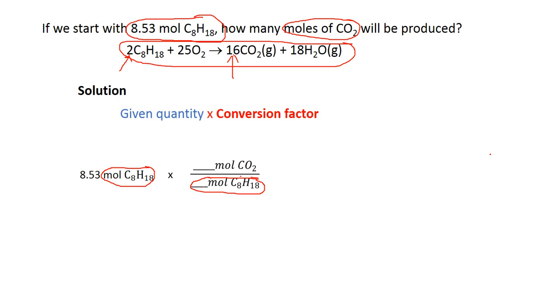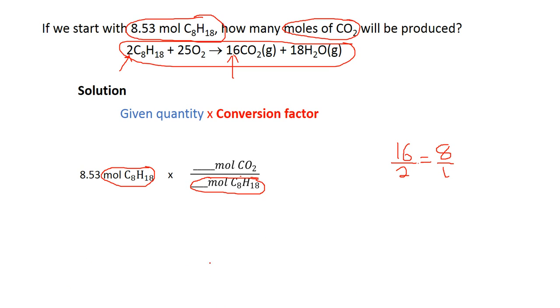So in terms of our conversion factor, we can put here 2 moles, here 16. But let's think it this way. So we have 16 divided by 2 moles, which gives us 8 divided by 1.